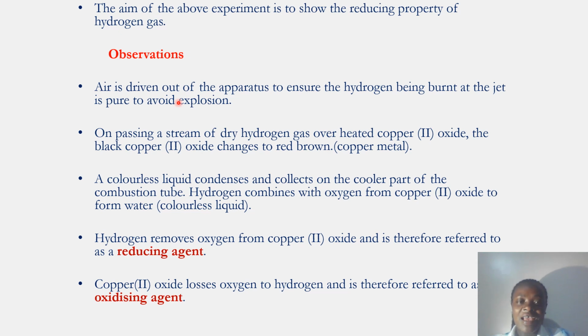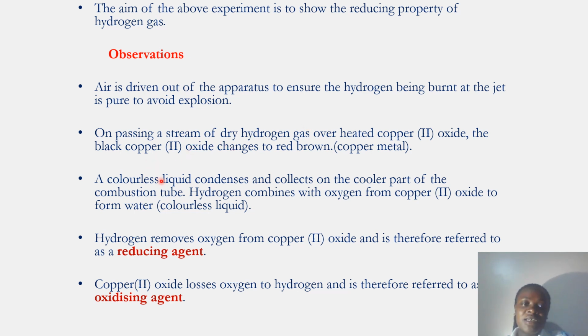We drive air into the apparatus to ensure that the hydrogen that we shall be driving in will be very pure, because we don't want the hydrogen to mix with other gases that might be very explosive when we ignite at the end of the experiment.